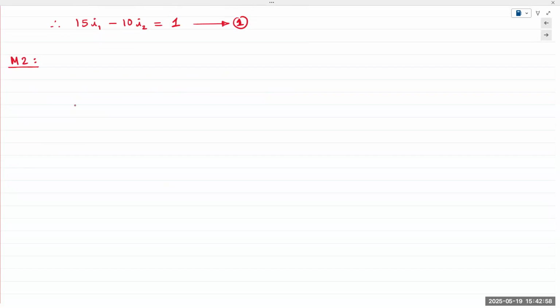So I'm going to start bottom. I have VR2 minus VB plus VR3 plus VC plus VR4 is equal to 0.